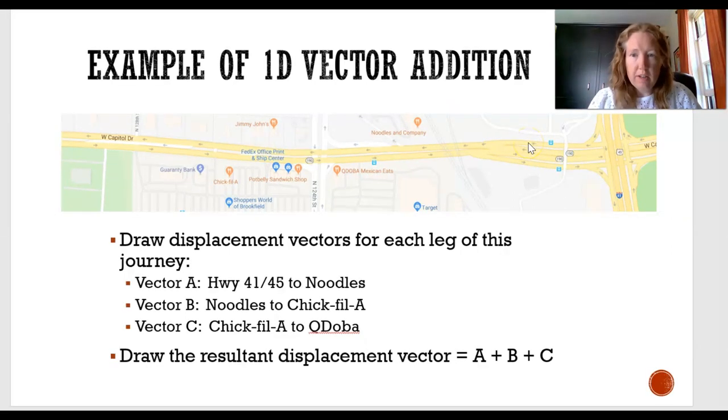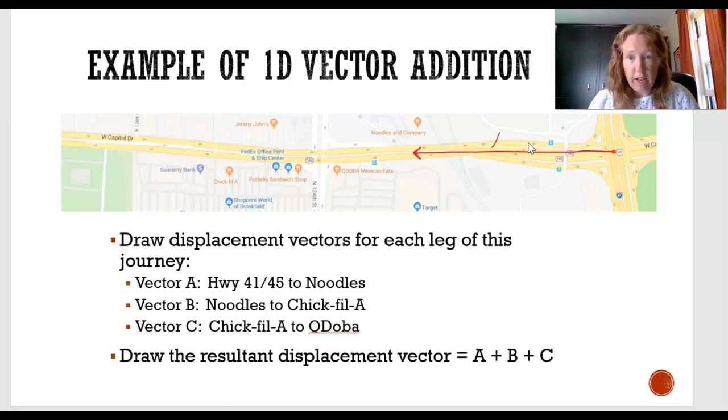Okay, so we're going to start at Highway 41 and Capitol here, and draw a vector going west to basically where Noodles is, but not making the turn into the driveway. So if I do that, I'm starting at that intersection and I'm drawing an arrowhead west, representing a vector that goes from my initial position to Noodles, where my final position is.